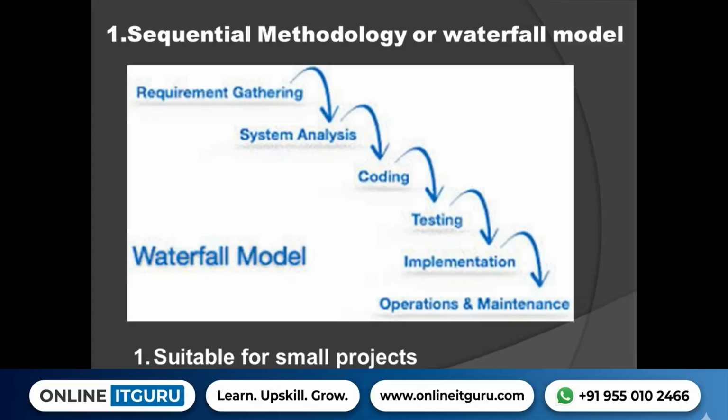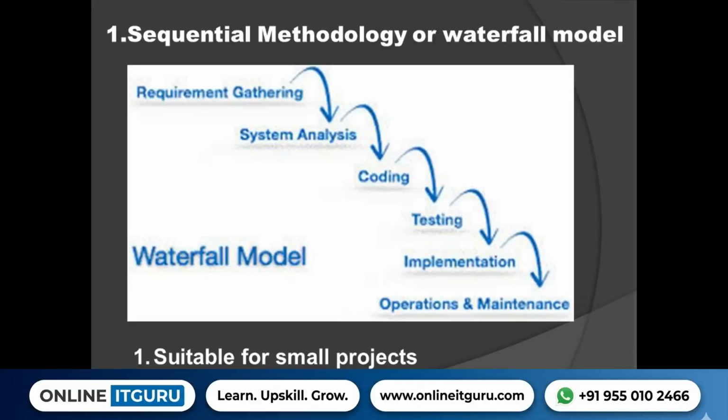This method does not allow any requirement changes. And in this method, we are not going to take any risk. Suppose you feel that the project has some kind of risk, then we are not going to develop that project in sequential methodology.